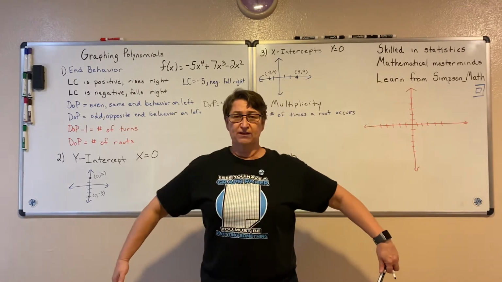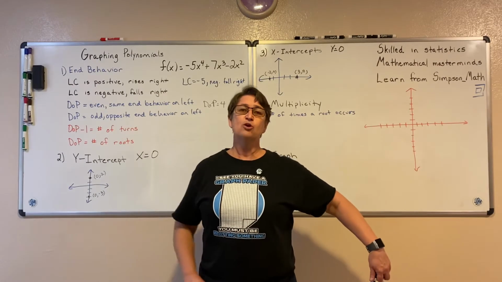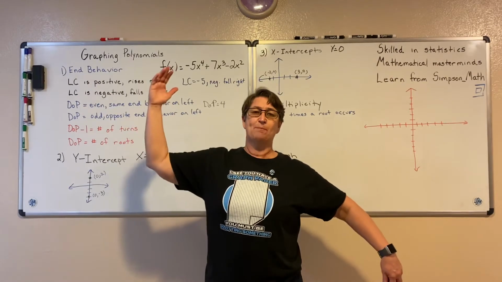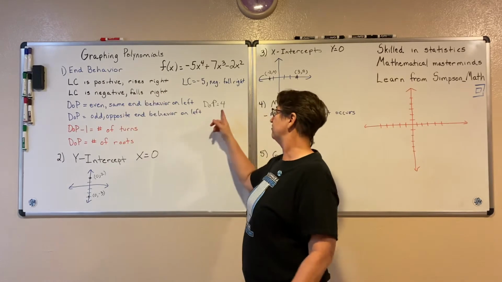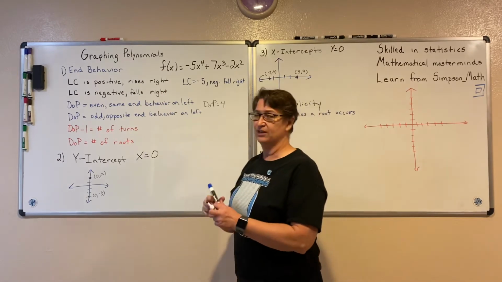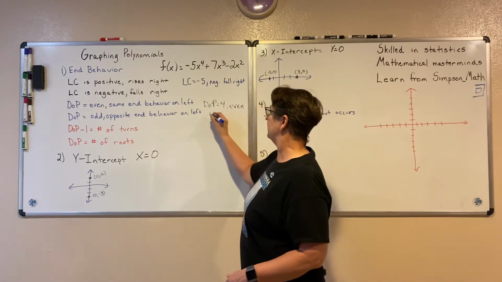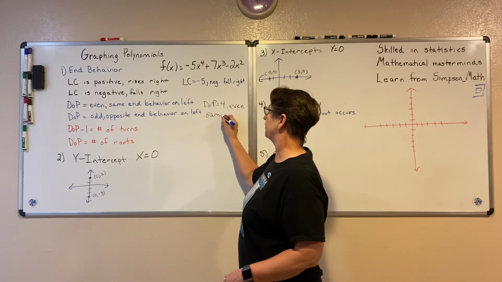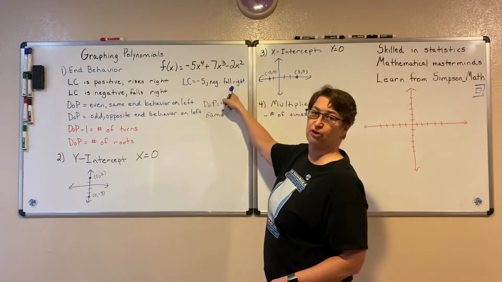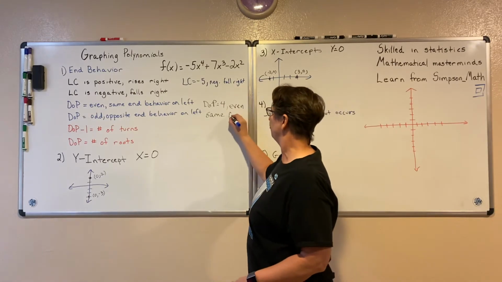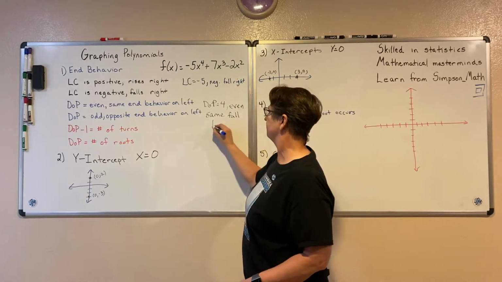So when the degree is even, we have same end behavior. When the degree is odd, we have opposite end behavior. In this case, my 4 is even, so therefore we're going to have same end behavior. That means since it falls on the right, it's also going to fall on the left.